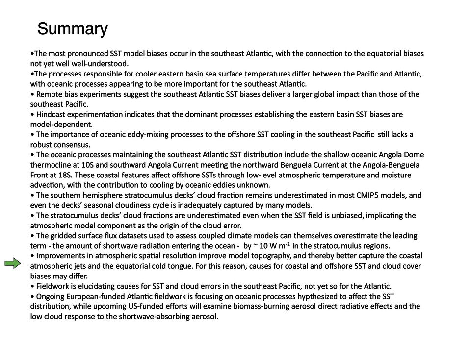Improvement in the atmospheric spatial resolution improves the depiction of the coastal winds by improving the model topography. So for this reason, causes for the coastal and the offshore SST and cloud cover biases may differ.